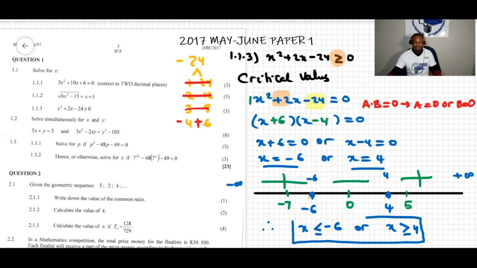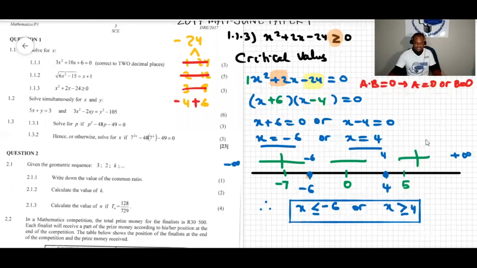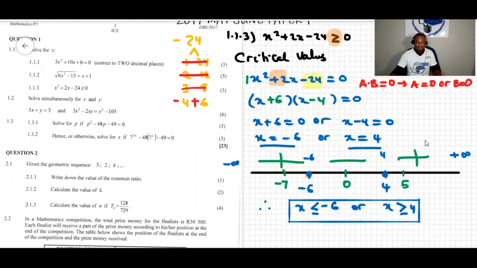Sometimes it can be written in set notation. It can be written like x is an element of the interval from -∞ to -6, union, or x is an element of, sorry, this must be a square bracket because we're talking about less than or equal.